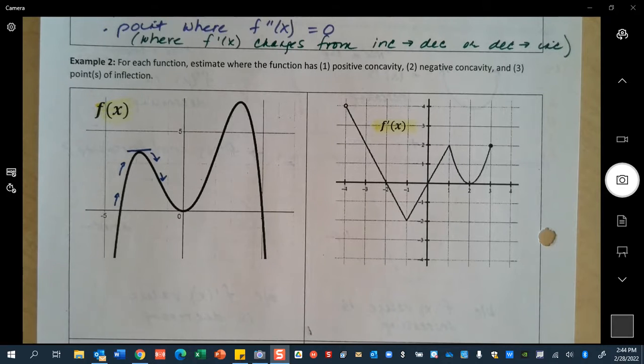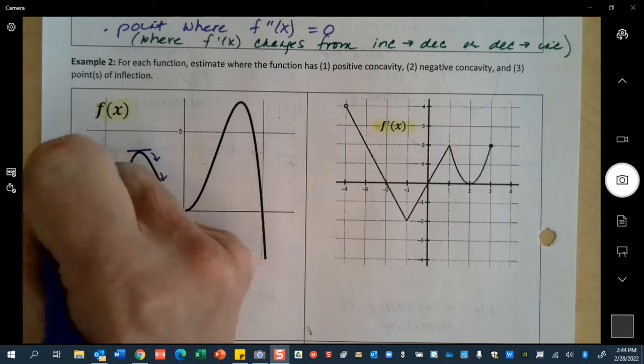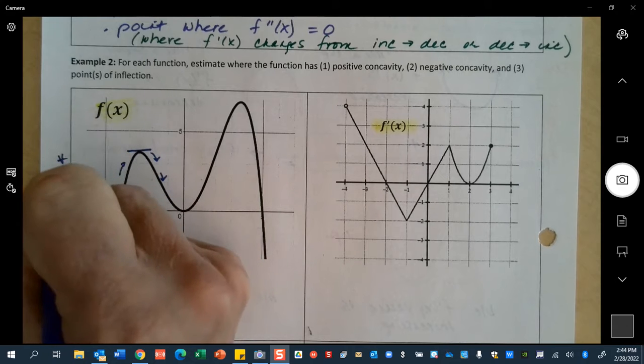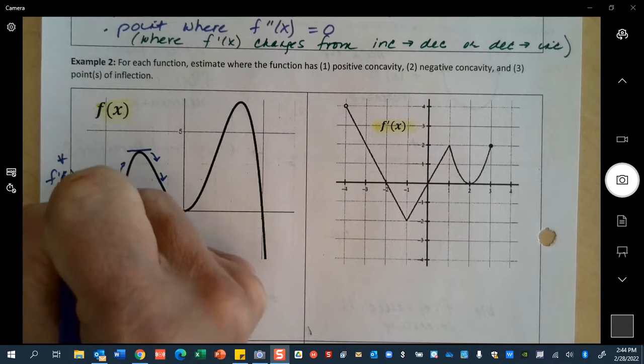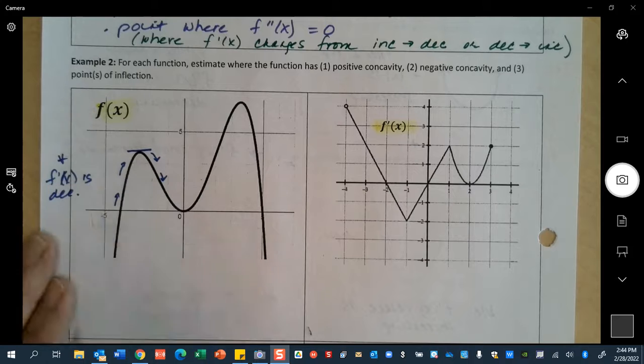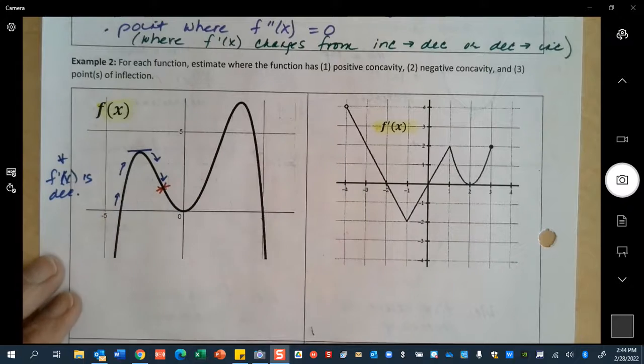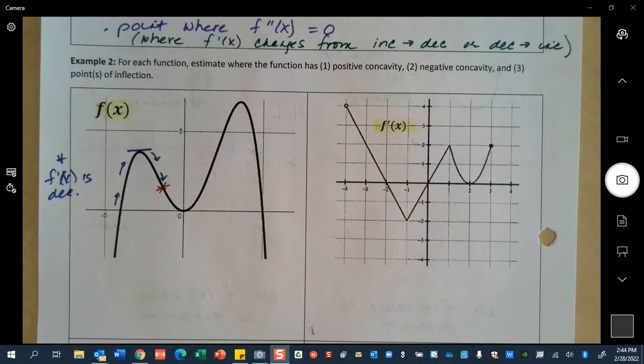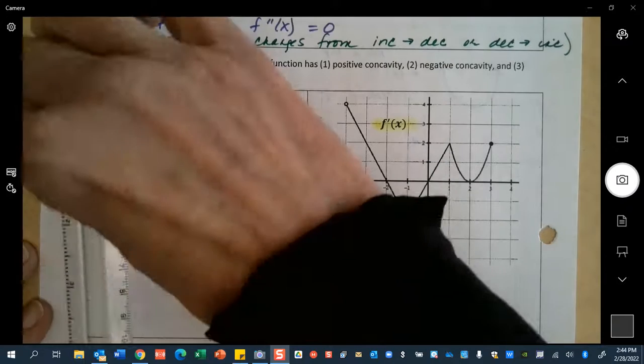So that whole story here is where f of x is decreasing. I start positive and I go negative. Once I reach this point here, my slope of my tangent line takes on a new direction.